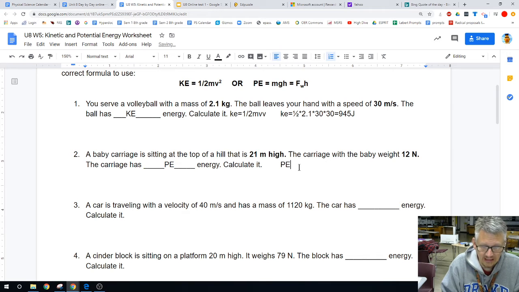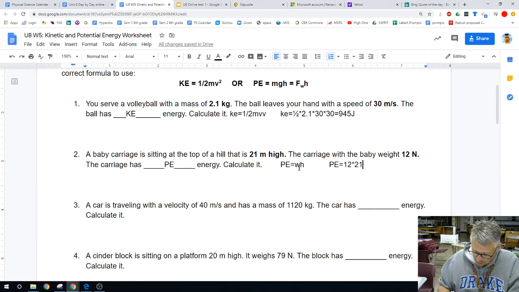So PE is equal to, I'm going to say WH, for the weight times the height. And PE is equal to the weight of 12 times the height of 21.